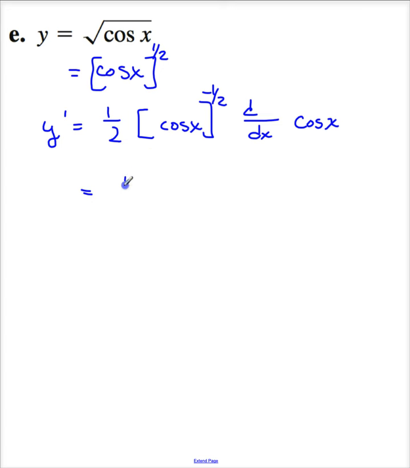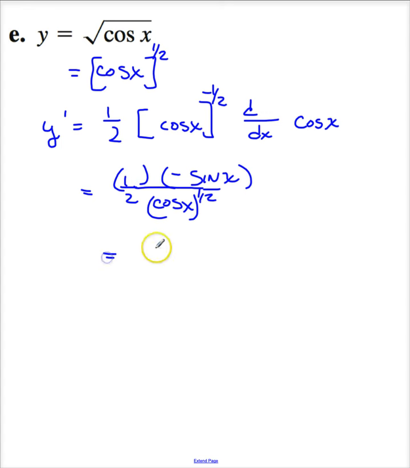So this is 1/2, and I'm going to move the cosine of x to the 1/2 to the denominator. Now the derivative of cosine is minus the sine of x. Now, I don't like the way I have this written, so this is minus sine of x divided by 2 square root cosine x.